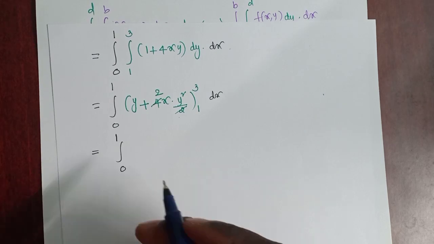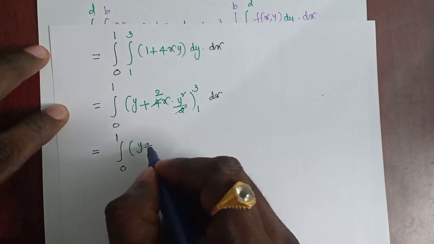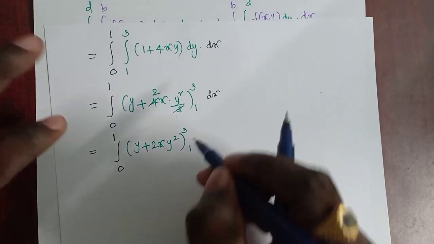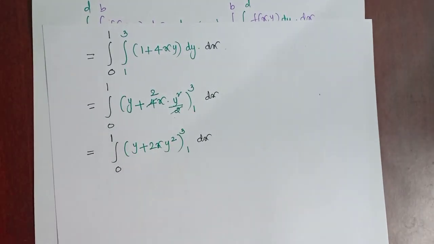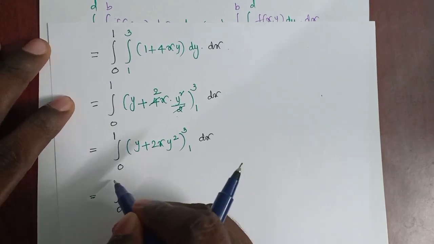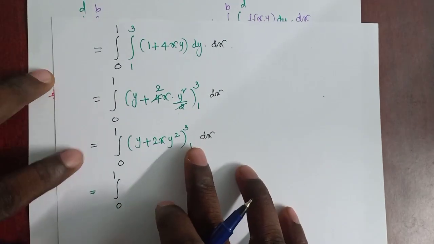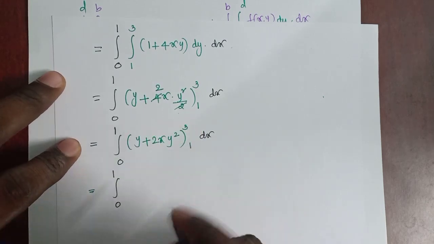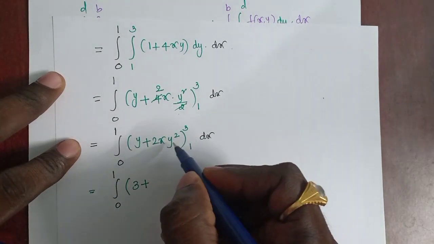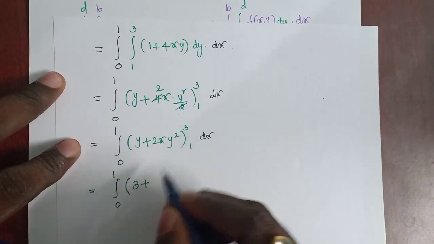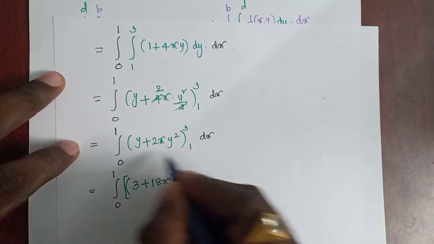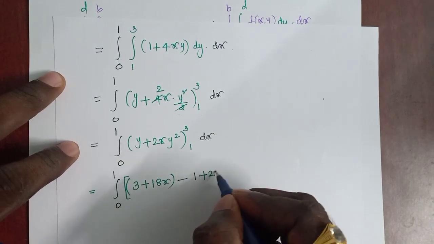Now substituting the boundaries for this, y plus 2x y square, 3 dx. Now first the upper boundary: we get 3 plus, in place of y, 3 square is 9, so 18x, minus, coming to the lower boundary, 1 plus 2x.